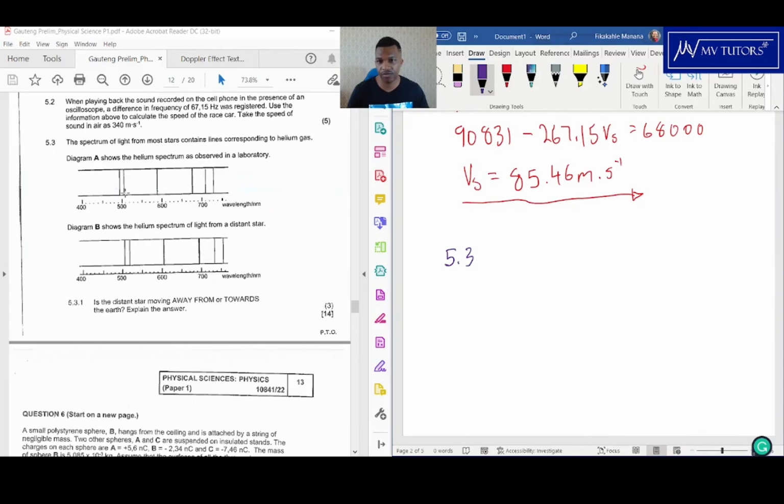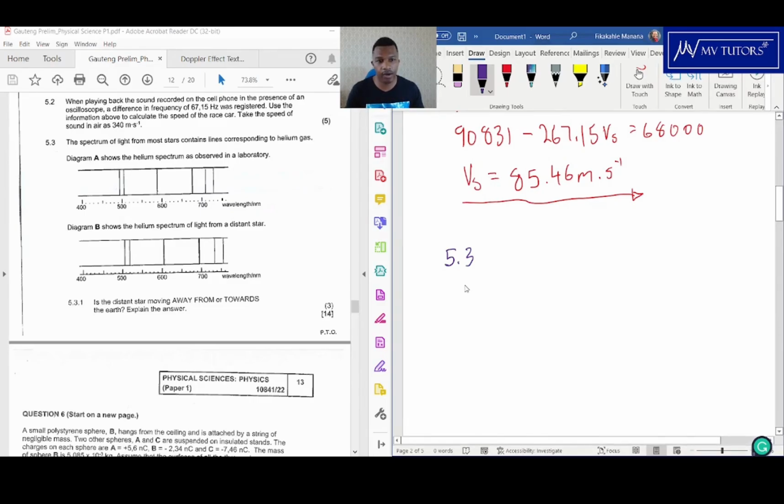Now listen, let's look at the difference. What's happening here? This is helium on A, that's the star on B. So if you compare the two, especially going towards 700, you can see that the distant star starts stretching, the wavelength starts becoming longer, which means that as the wavelength becomes longer, the source is moving away.